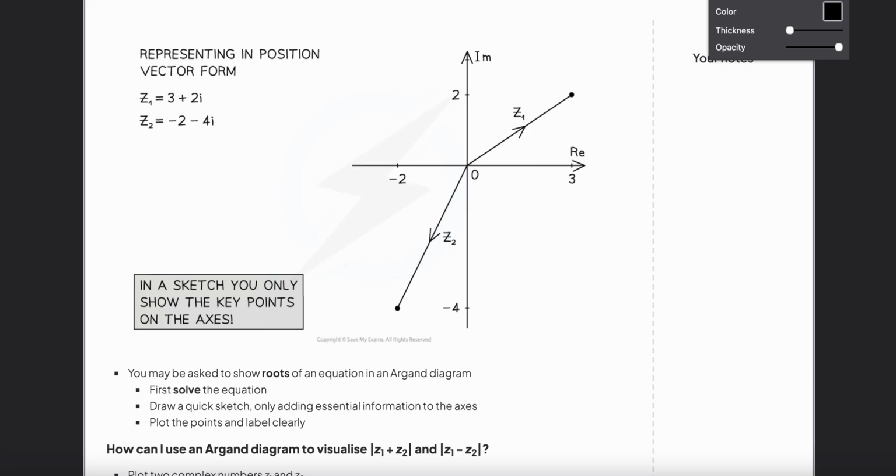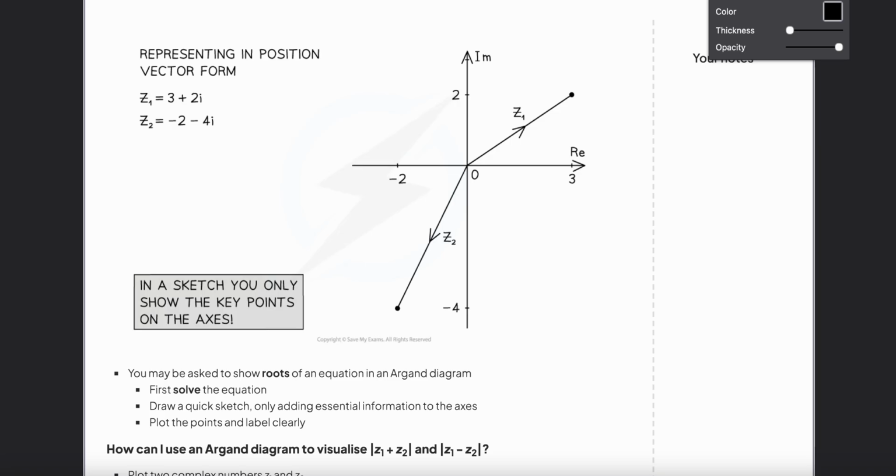if I want to plot the point 3 plus 2i, take note that I didn't indicate the 1, the 2, the numbers between the 0 and the 3. I didn't indicate the numbers that are after 3 because they are not essential to the question that I'm responding to.